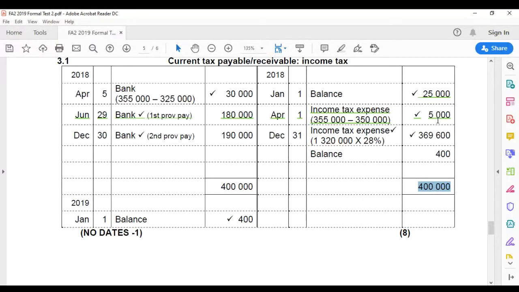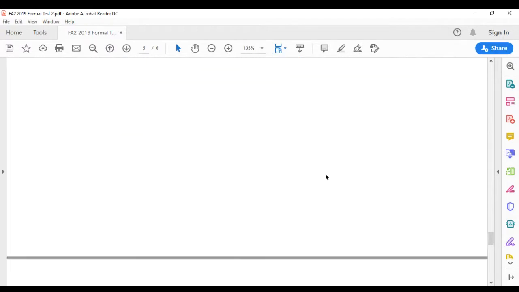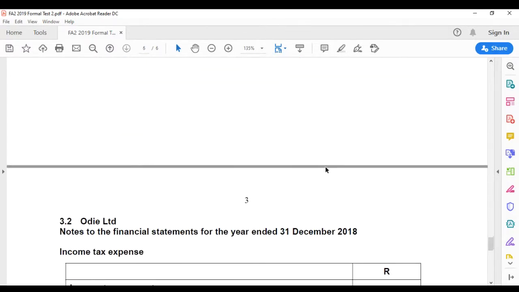We add up the top three transactions there, and we see our balancing figure is 400 rands. We carry that balance down to the next year, 1st of January 2019, 400 rands. Okay, so that covers that particular financial year.